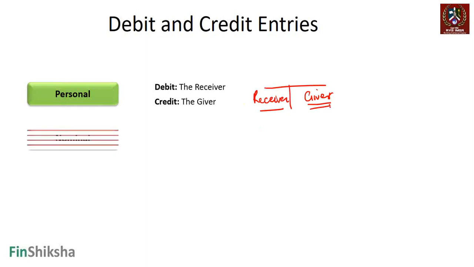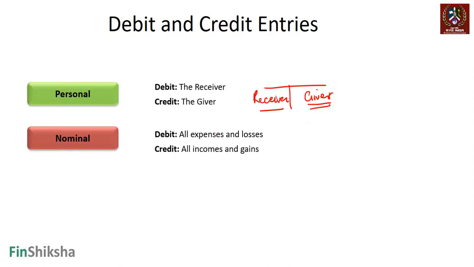When you have a nominal account, you will debit all expenses and losses. You will credit all incomes and gains, right? So your incomes and gains will come here. Increase in income, remember, is a credit, and expenses and losses will come here.